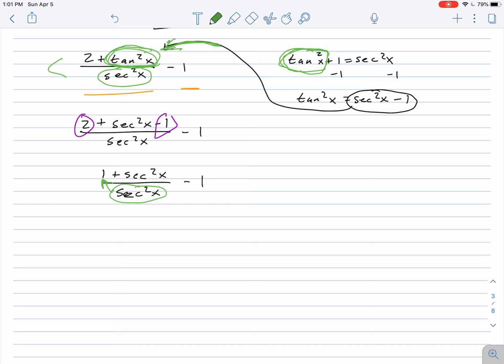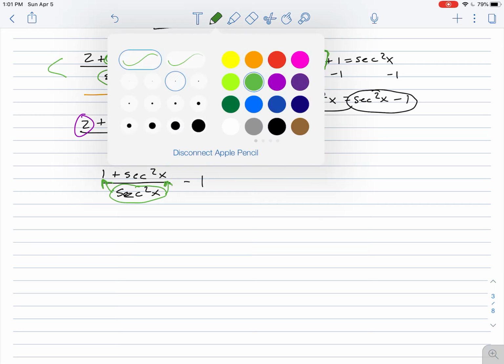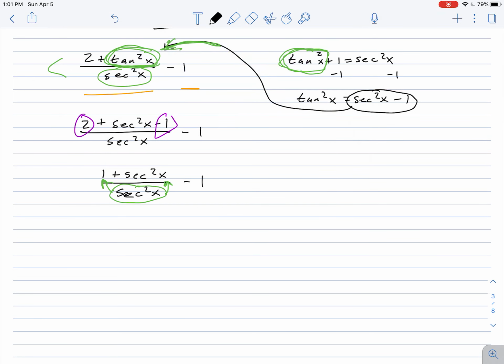This goes under the 1 and this goes under the secant squared x. And it can get you out of fraction land without actually adding the fractions. Here's how it looks. This becomes 1 over secant squared x and secant squared x over secant squared x. So the rule is you can split up a fraction if you put the whole denominator under each term. And if there's only one thing on the denominator, this is really beneficial.